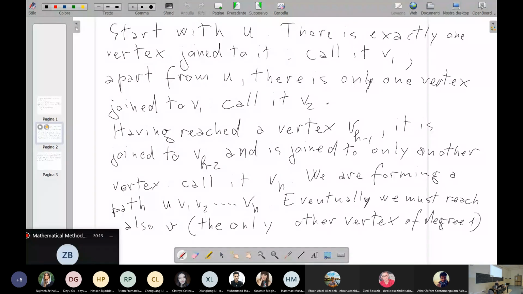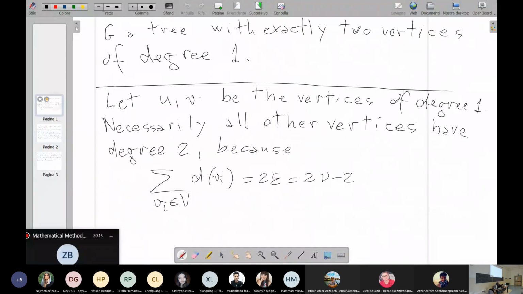Okay. What do we have? This is what is given. G is a tree, so it has no cycles and is connected, and has exactly two vertices of degree 1. First thing, since it is a tree, epsilon equals n minus 1.